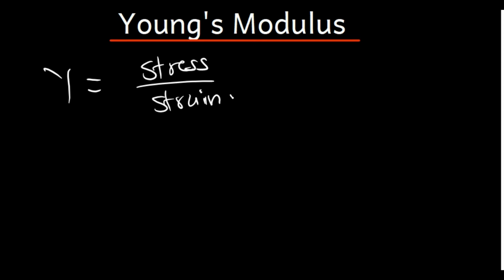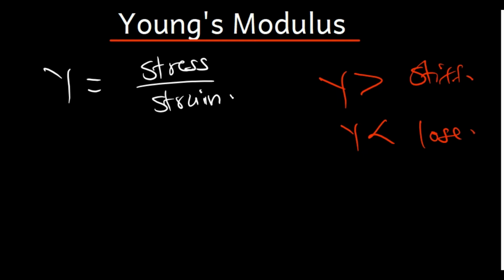What it means is that if the Young's modulus is greater, you are dealing with a stiff material. When the Young's modulus is less, you are dealing with a loose material. Let's think of the wire. If the Young's modulus value is greater, then we are dealing with a stiff material. That wire is stiff.